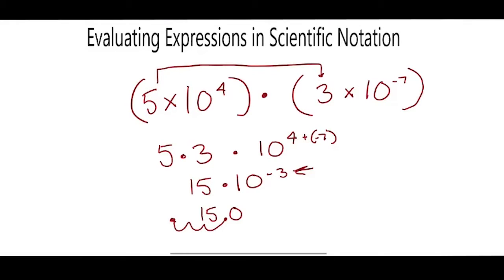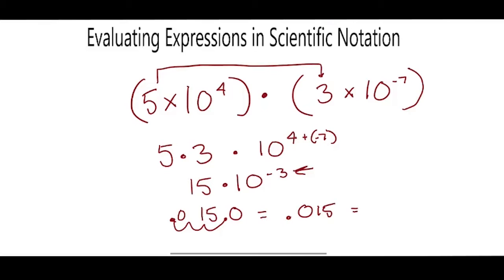And wherever there's not a digit, which would be like right here, I put a 0. So my answer is 0.015. Now, if you know how to write in scientific notation, we're going to change this back to scientific notation.